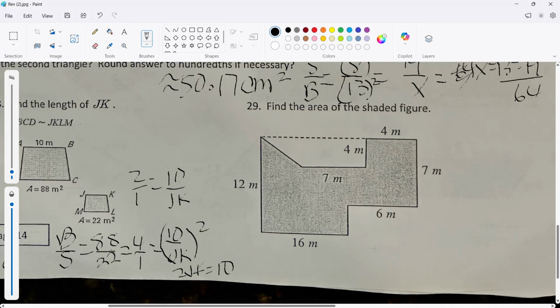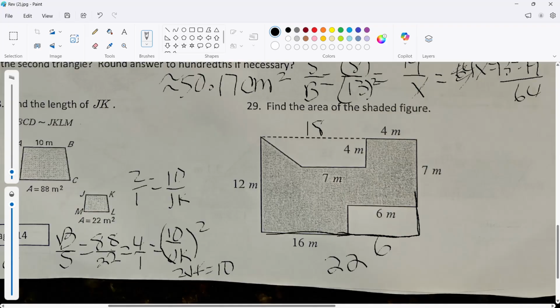Here is a good one. And sometimes when I'm doing these composite figures, I got to draw a little extra. So I know that this is a rectangle. I think this part is 16. Oh, this part is 16 and that part is 6. So that's 22. And if that's 22 and that's 4, 22 minus 4 is 18.